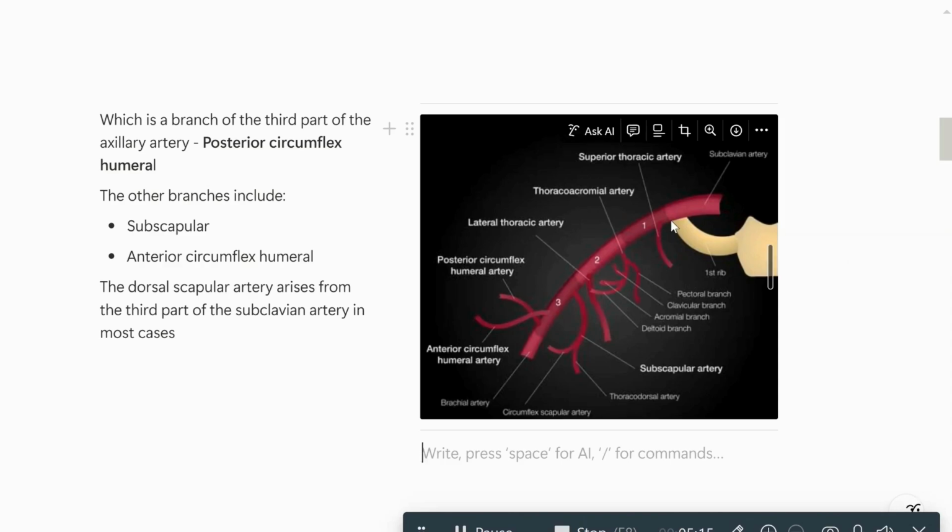The axillary artery begins at the lateral border of the first rib and extends till the lower border of pectoralis major. Pectoralis minor divides this into three parts. The first part gives the superior thoracic artery. The second part gives the thoracoacromial and lateral thoracic arteries. The third part gives the posterior and anterior circumflex humeral and subscapular arteries.